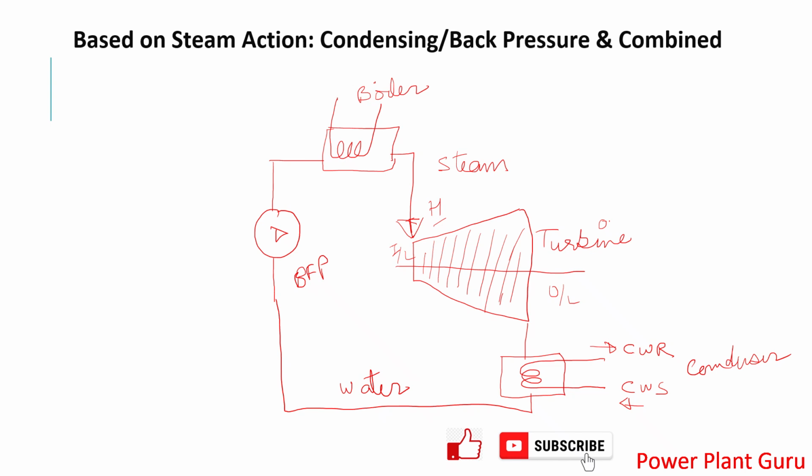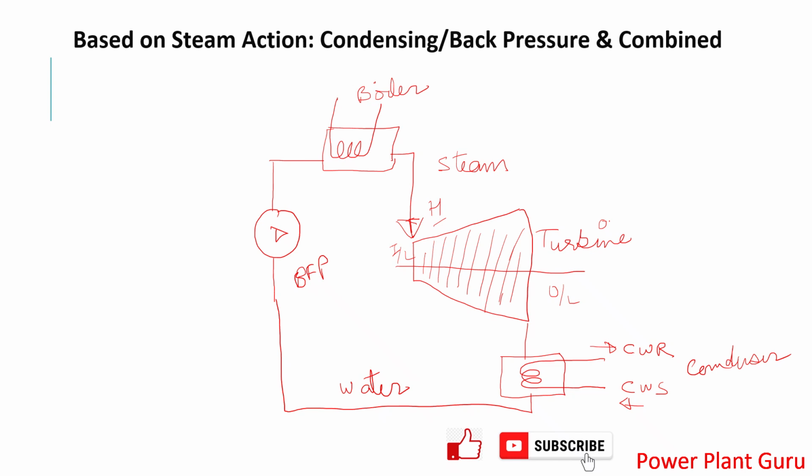So this is a normal application of a steam turbine in any industrial situation, where you are putting some energy through the boiler feed pump in pressurizing low pressure water to high pressure water. Then the high pressure water goes into the boiler, exchanges heat inside the boiler, and converts into steam.